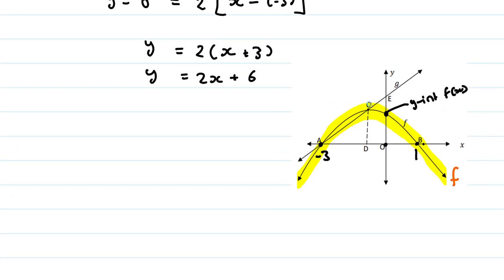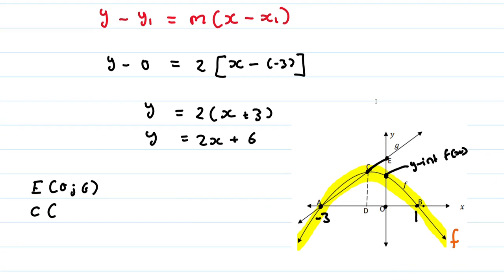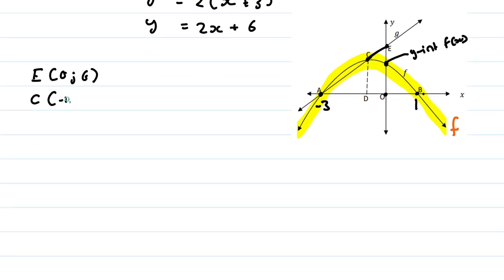So we have the coordinates of C, and we also have the coordinates of E. So E is equal to the x value, which is 0, and the y value, which is 6. So we have the coordinates of E and the coordinates of C, which is -1 and 4.